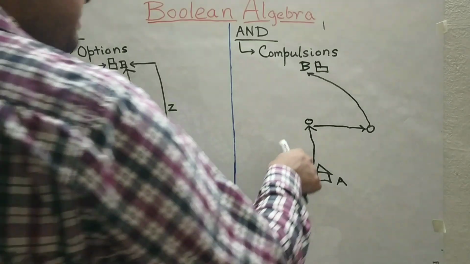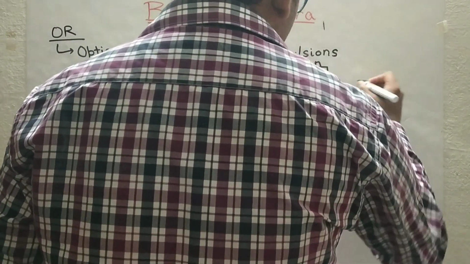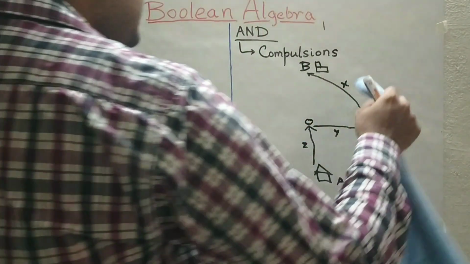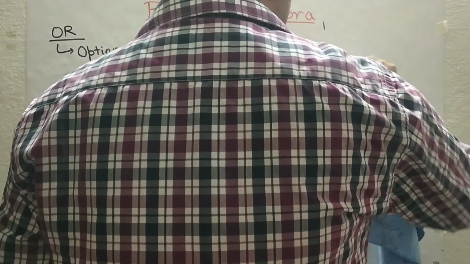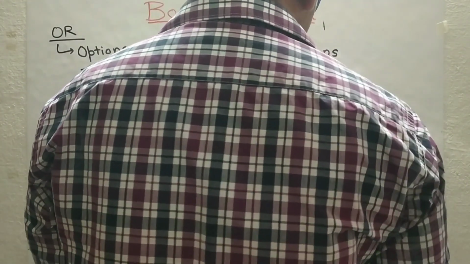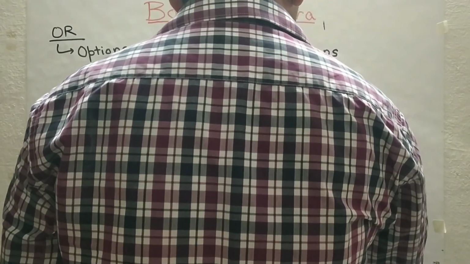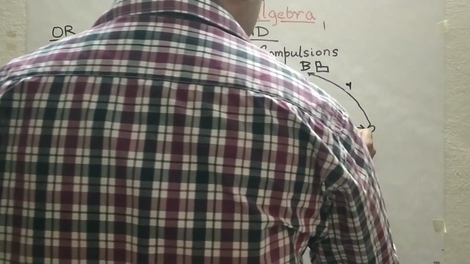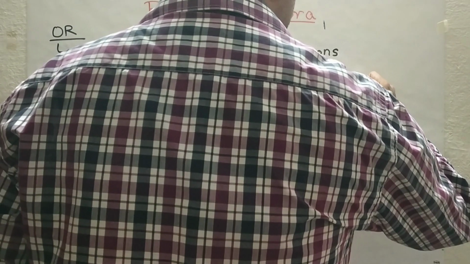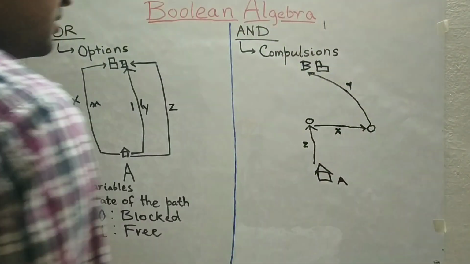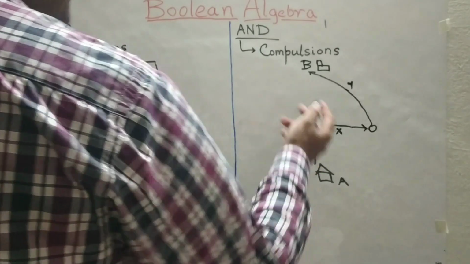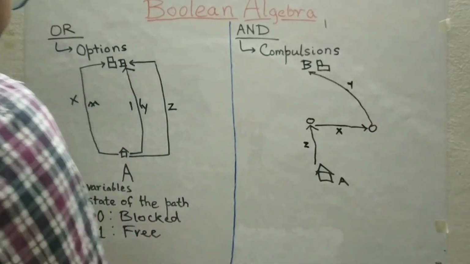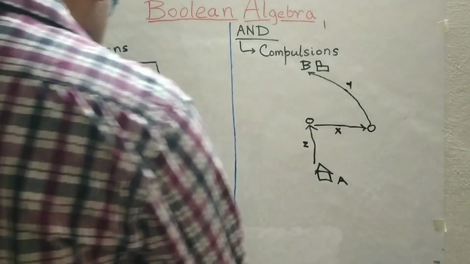Okay, so this path can be called Z, this path can be called X, this path can be called Y, or any of these paths can be called any one of X, Y and Z. So there is not a strict ordering to these paths, but you have to take all the three paths to reach B. So their names keep changing, right? So now here also X, Y and Z are variables which represent the state of the path.